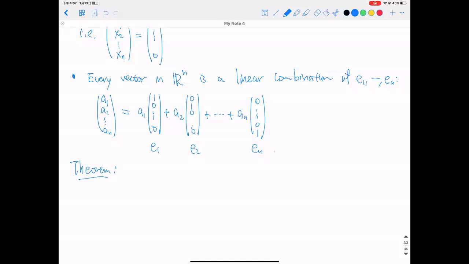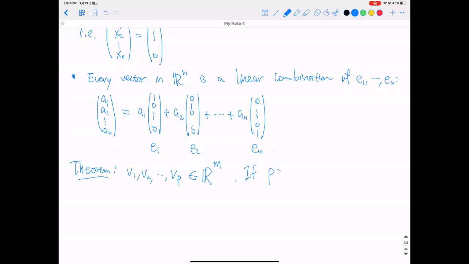So in view of that, you can formulate the following theorem. Suppose v1 through vp are vectors in Rm.